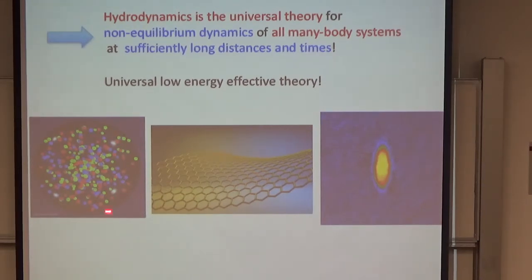As I said, this quark-gluon plasma created, say, at RHIC or LHC, has a very short lifetime. Say they last only 10 to the minus 23 seconds, and their size is about 10 to the minus 14 meters.